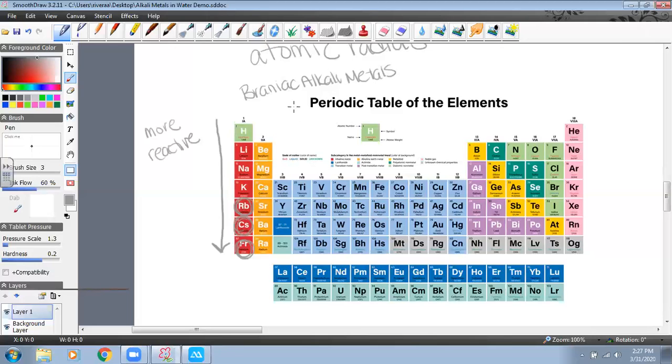You can either Google it on YouTube or go to that link on Google Classroom if you want to see those 3 metals react with water. So the reason why these things are getting more reactive is because they have lower ionization energies and they have bigger radii. But again, we're going to talk all of that in detail tomorrow.